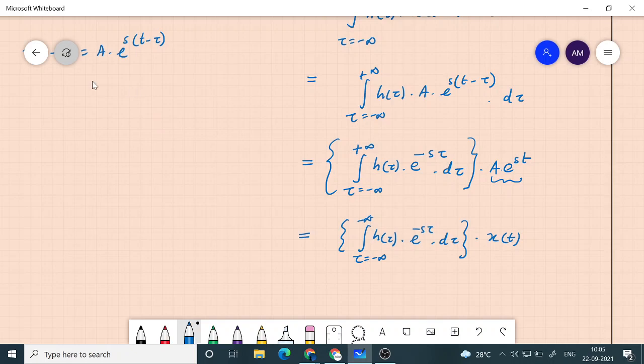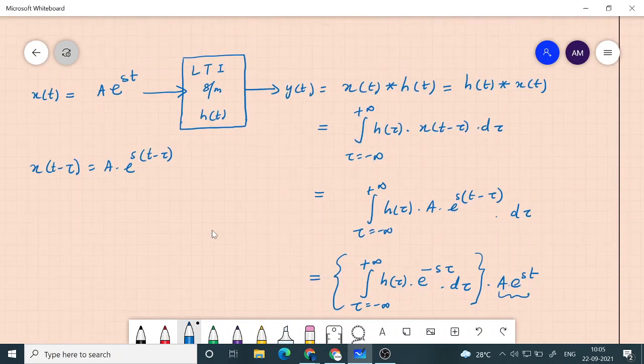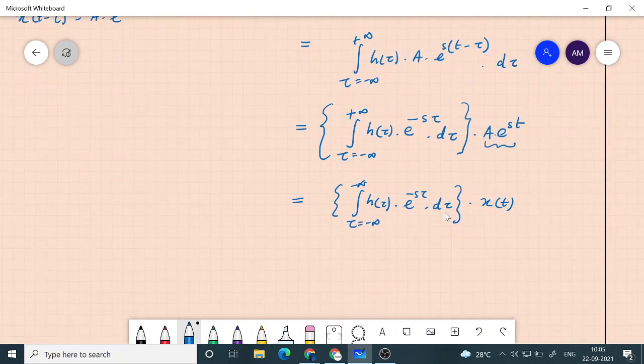I have put x of t inside the convolution, but then x of t came out of the integral, and I have an integral which looks like this. If I evaluate this integral, it is going to depend only on my h of t.